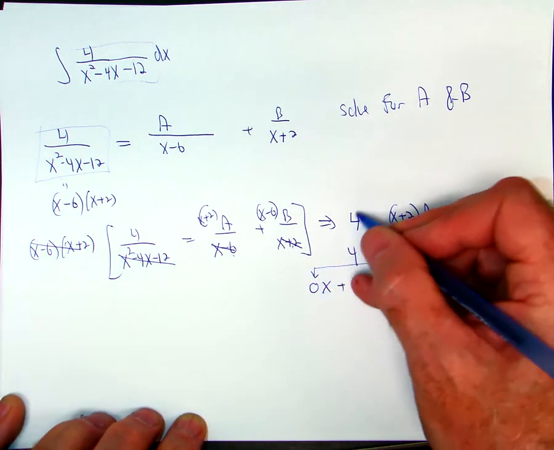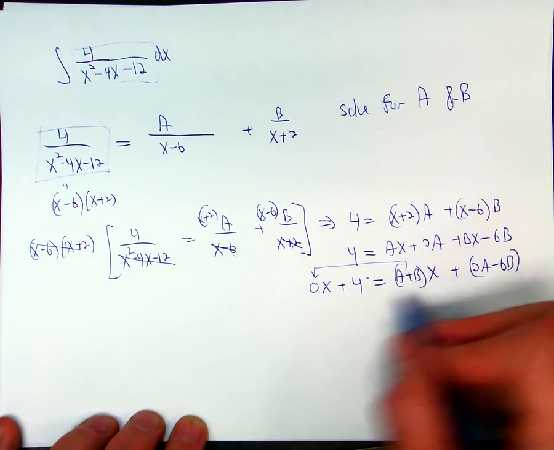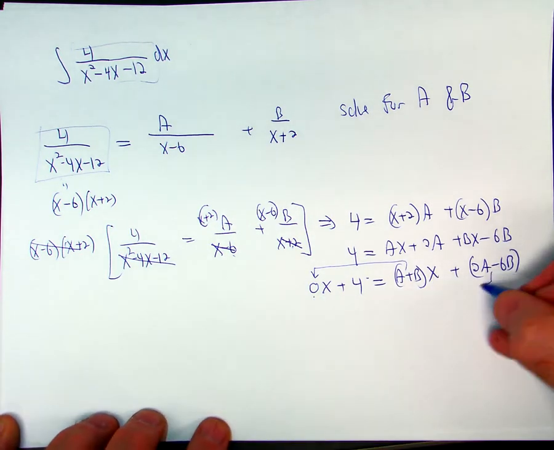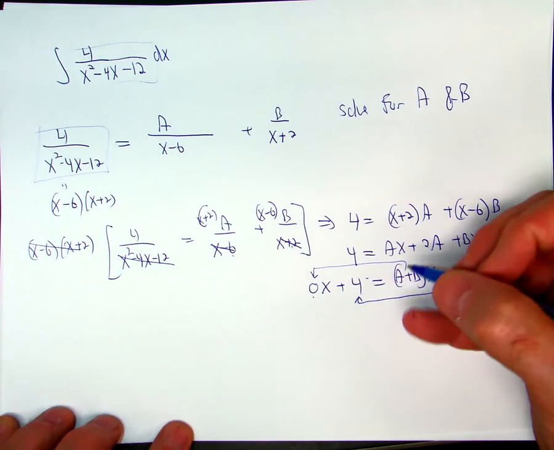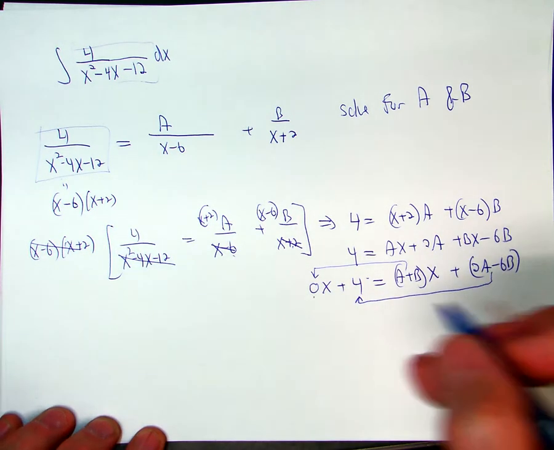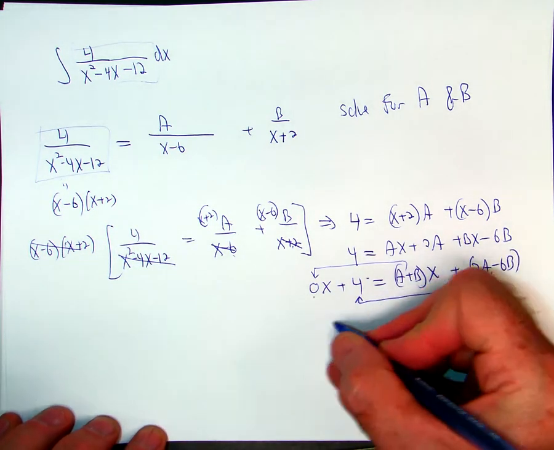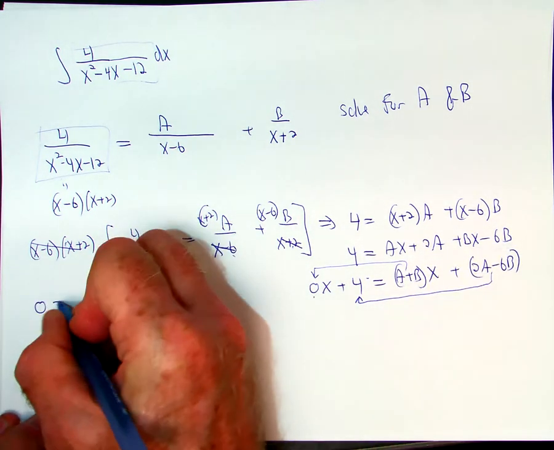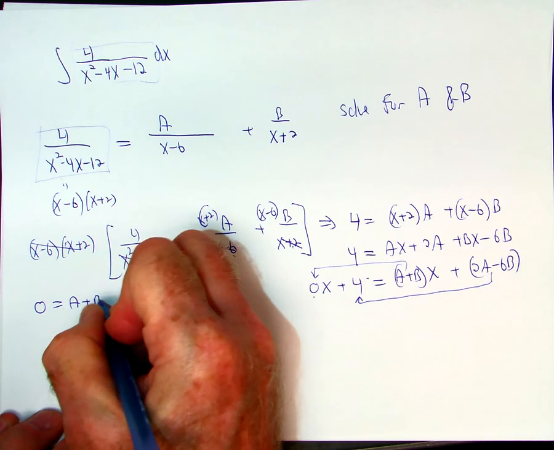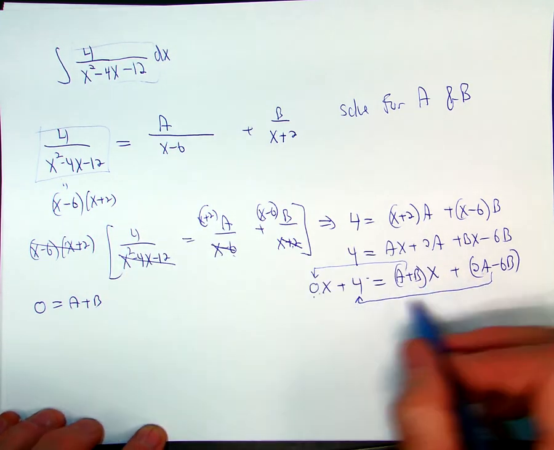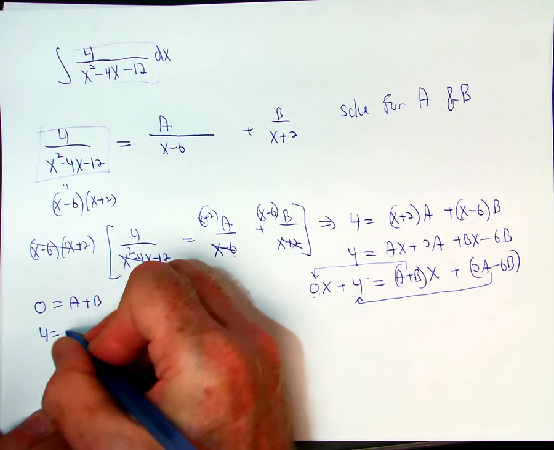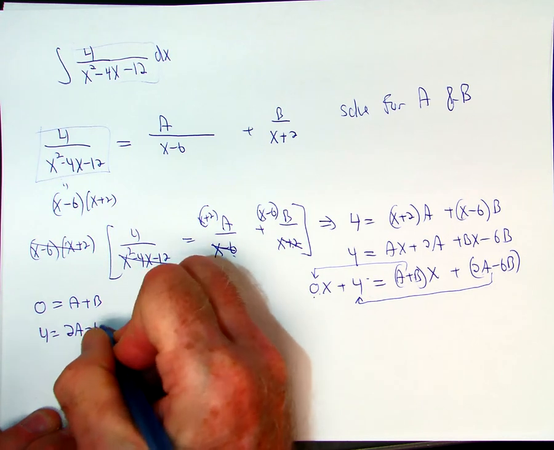Remember, there's no x term here, but there's an x term here, so that means the one over here has to be 0, and this is going to be equal to that. So that leaves me two equations. 0 equals A plus B, and then 4 equals 2A minus 6B.